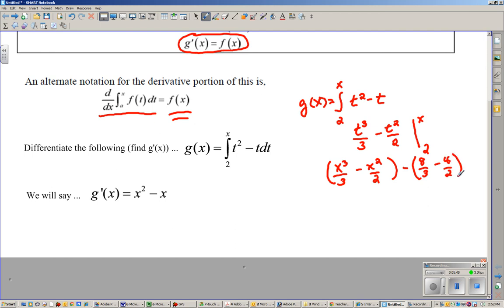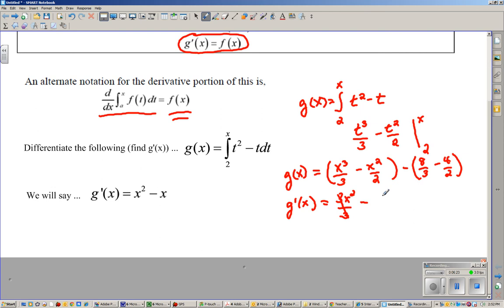And although I could take some time to restate this, I don't know that it's necessary. Let's just remember that this is what g of x is, and this is its evaluation. In other words, we've worked the integral out. So let's come along now and find the derivative, because this is what this is about, right? Taking the derivative of the integral. If we perform that, wouldn't we in fact get 3x squared over 3 from the first term, which would simplify to x squared?